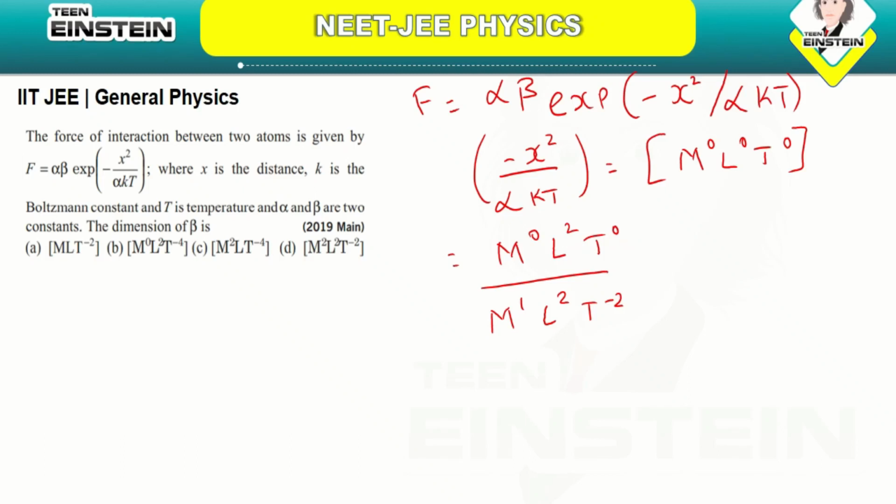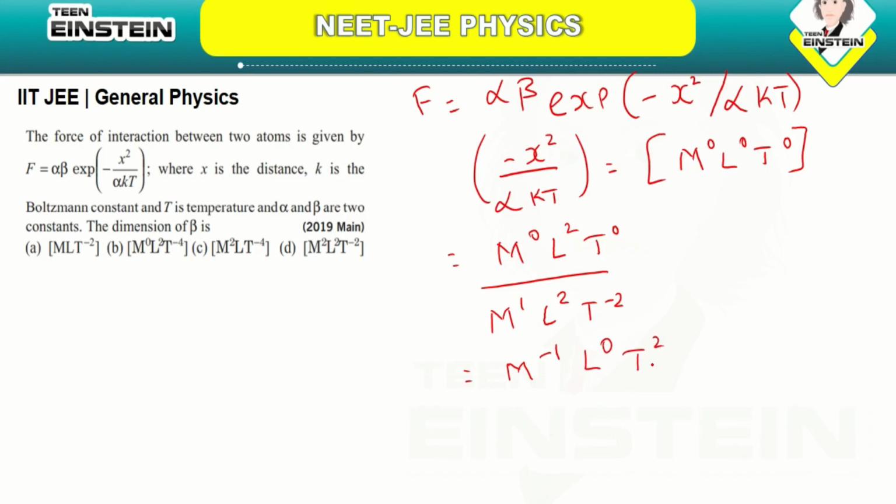You substitute the dimensions of the individual terms. We will be getting it as m0 L square T0 by m1 L square T power minus 2. So the dimensions of kt, equivalent to the dimensions of energy, is equal to m L square T power minus 2. So if you solve this, you will be getting it as m minus 1 L0 T square.